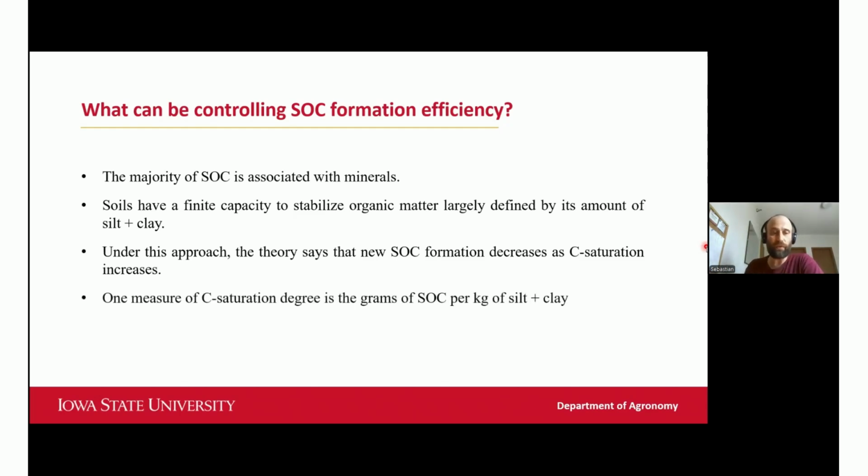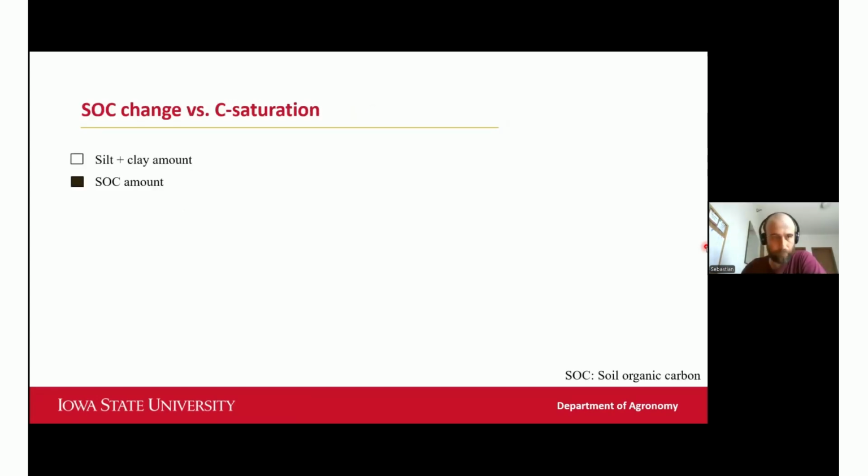And one measure of the carbon saturation degree is the grams of soil organic carbon per kilogram of silt plus clay. For example, in this picture, the white box is the silt plus clay amount, and the black box is the soil organic carbon amount.